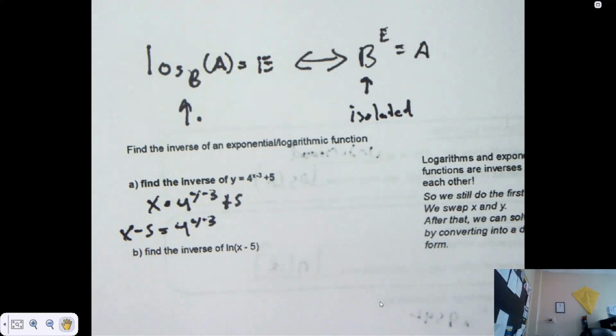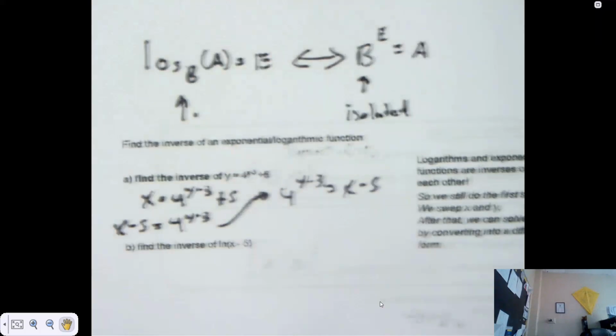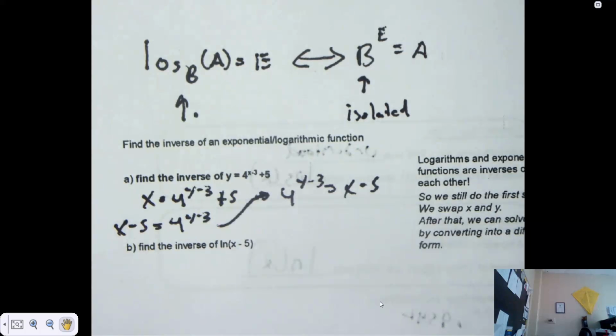Now, it's a little out of order compared to some of the examples that we've done so far. You could flip it around. That'll make it easier on some kids. 4 to the y minus 3 equals x minus 5. Rewrite it. Flip it. It's the same thing. You just swapped the sides of the equal sign. All right? What's your base? 4.